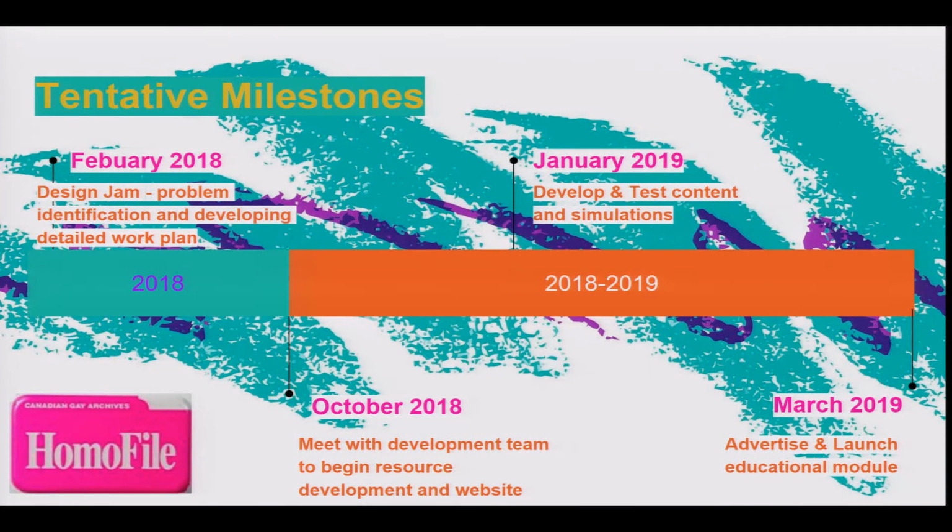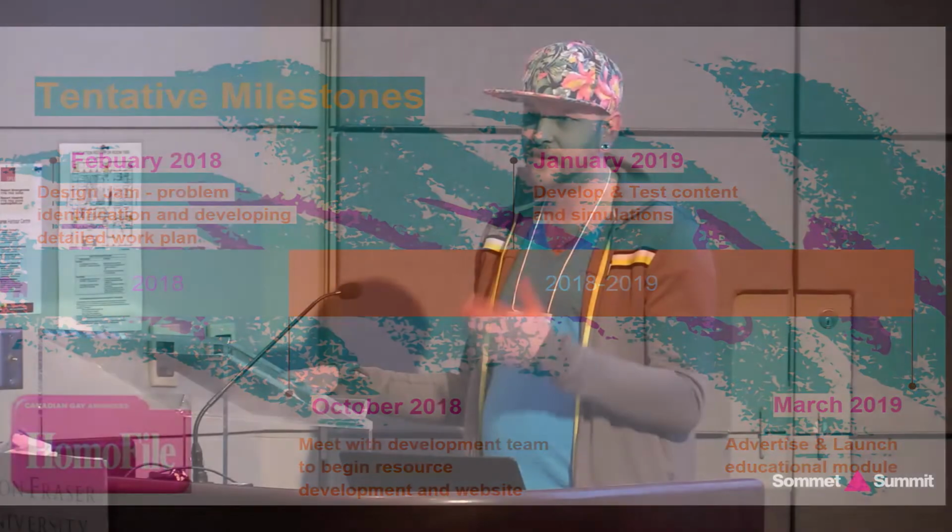February was when we got the grant money, and then we started meeting with the team in October. We're hoping in January to actually have the basic outline so we can start testing it. And then the CIHR grant has to be spent within 2 years max.